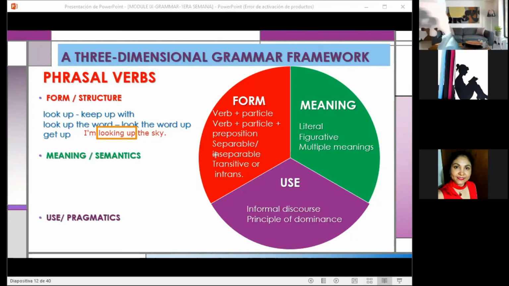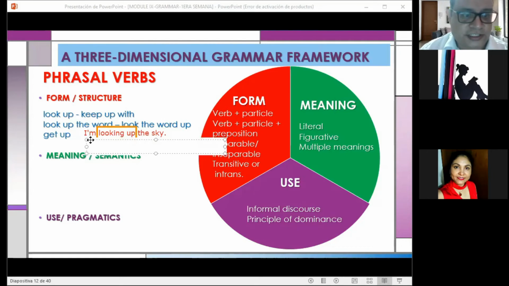Notice here you have a verb plus a preposition. Now, a phrasal verb. Notice it's the same structure. I'm looking up a word. Notice, looking up. But here, this looking up is a phrasal verb, because the meaning of this verb is search.